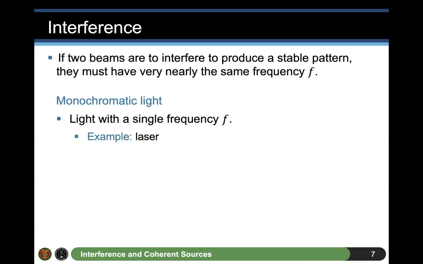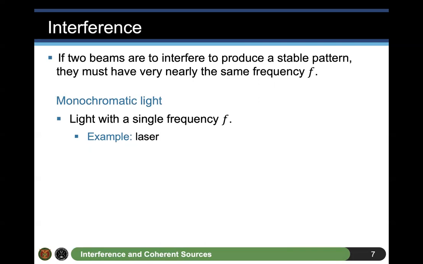Now, if we have two beams or two sources of light or EM wave, and they are to interfere to produce a stable pattern, they must have very nearly the same frequency f. Okay? So again, the linear frequency f is what matters. Okay? And having nearly the same frequency f happens only in monochromatic light.